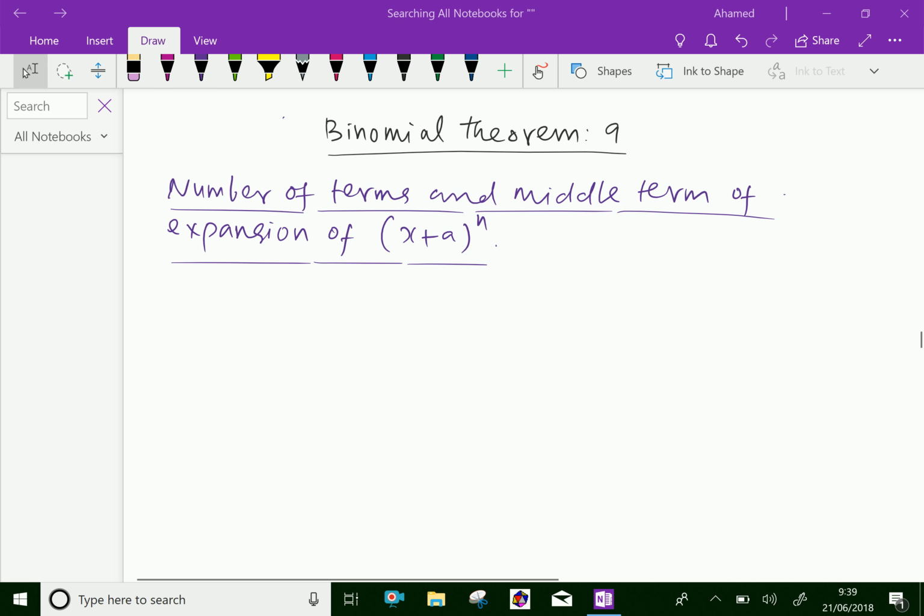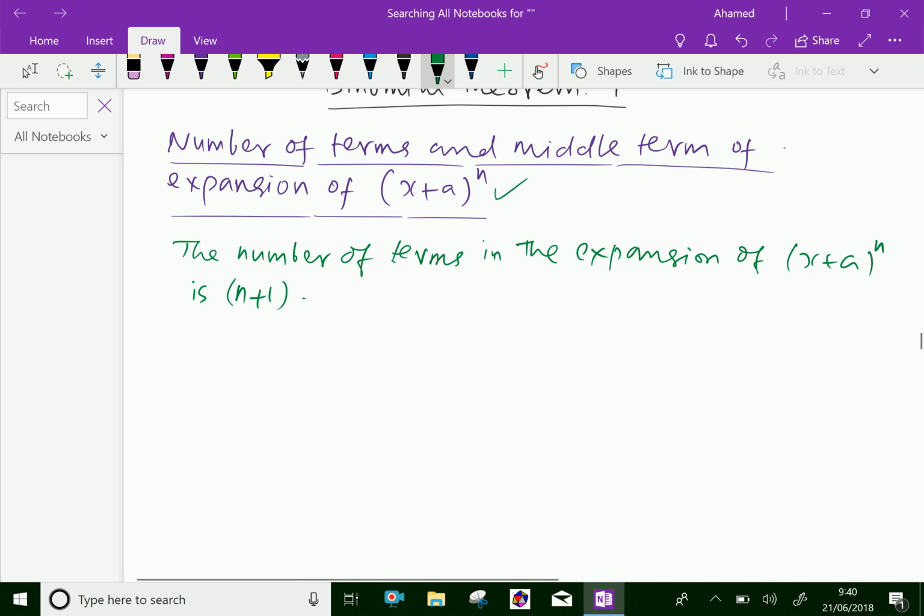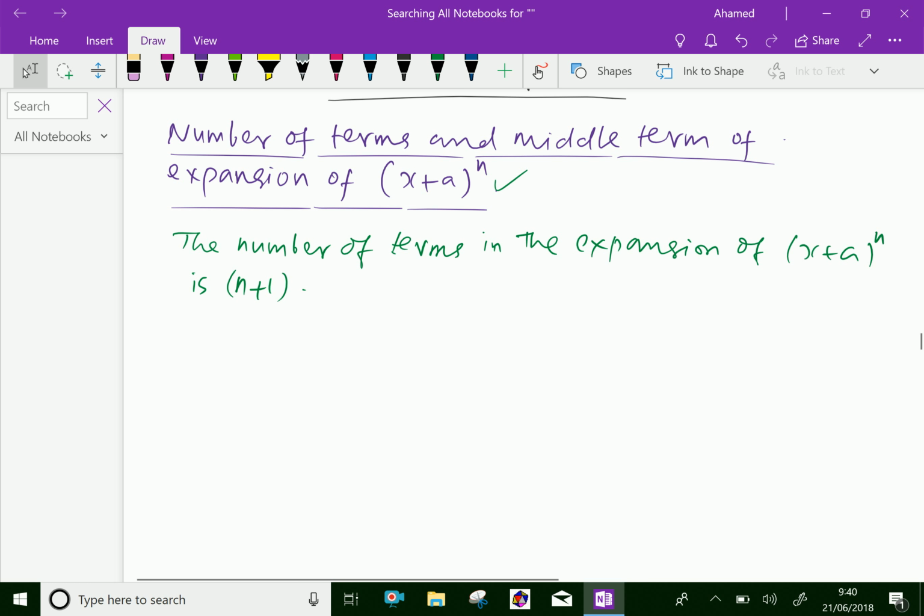In binomial theorem, let us discuss the number of terms and the middle term of the expansion of (x + a) power n. The number of terms in the expansion of (x + a) power n is n plus 1, which means the power index is some number, and the number of terms will be one more than that.